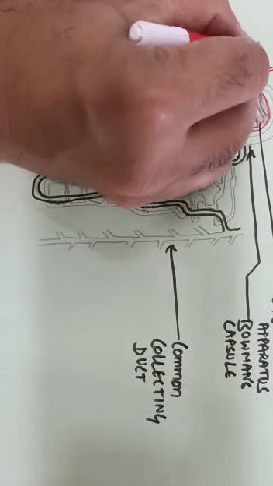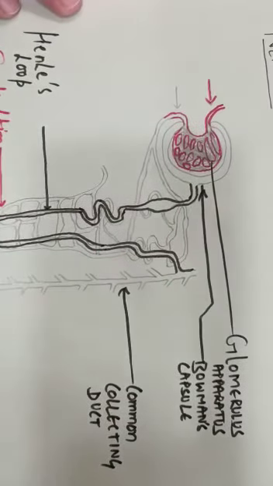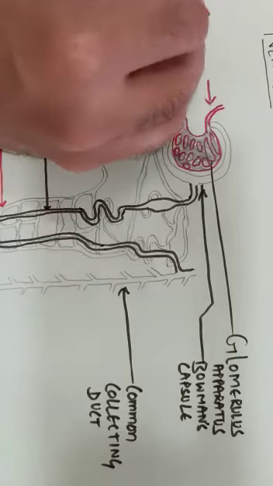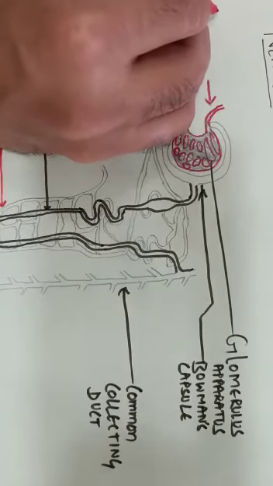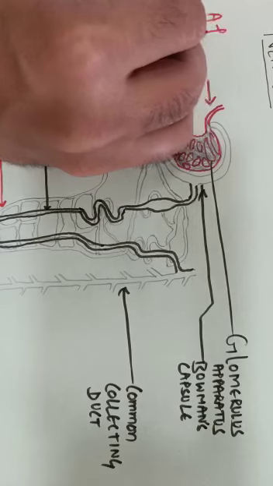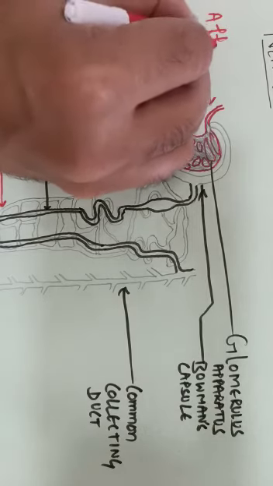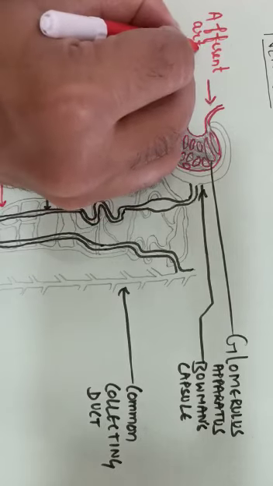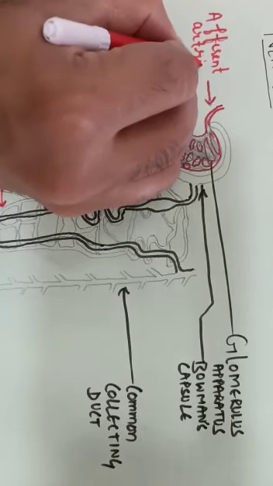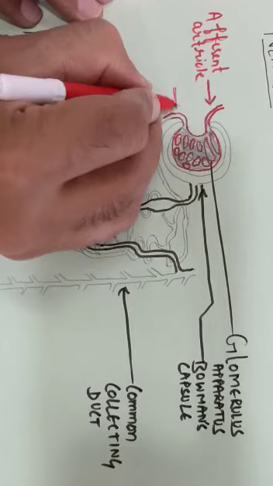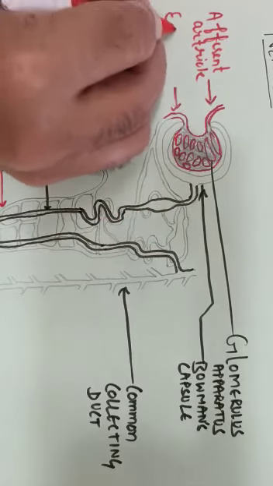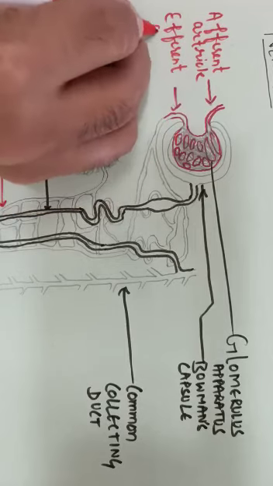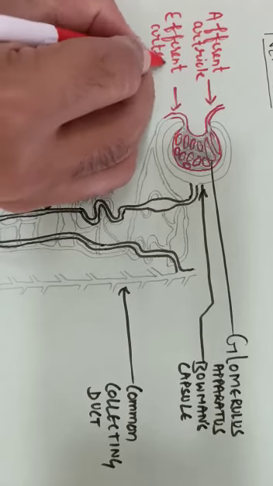This part is called, this is a branch of renal artery, or we can say that it is afferent arteriole, and this part is efferent arteriole.